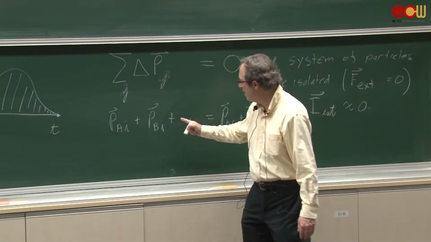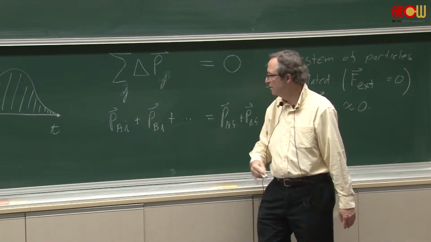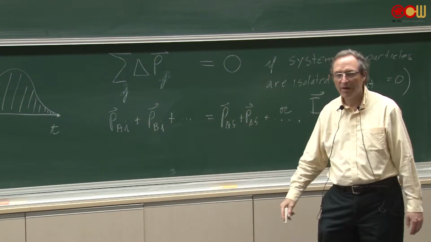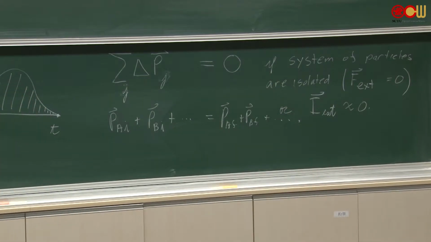Everybody know what I mean by these dots? If there are more particles, then I add those momenta. Notice this is a vector equation. So that means it has to be true for the x direction and the y direction and the z direction, if you have 3 directions.